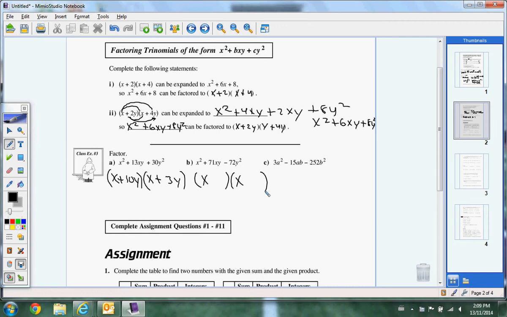Yeah, 72 times 1. The middle is positive, so the bigger number is? Nope, positive. So this is positive, bigger number. So you want plus 72y minus 1y. So you can just put a y here or put a 1y. However you want to do that.